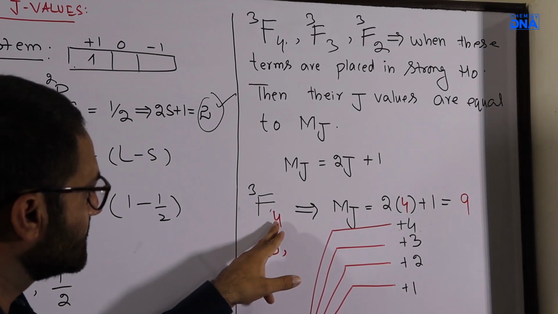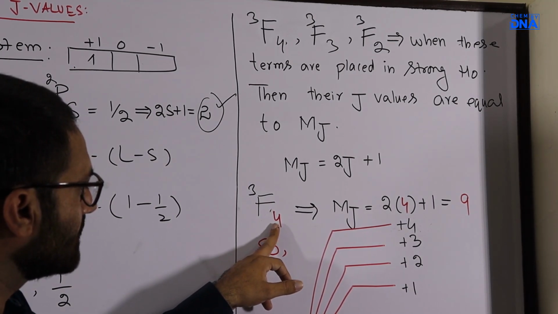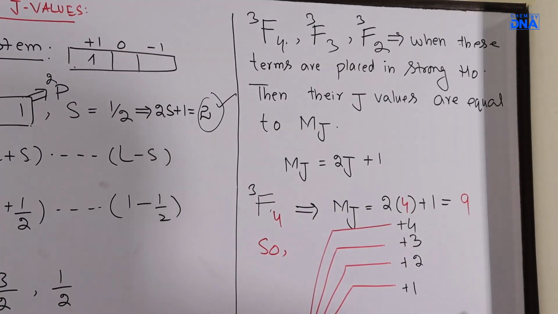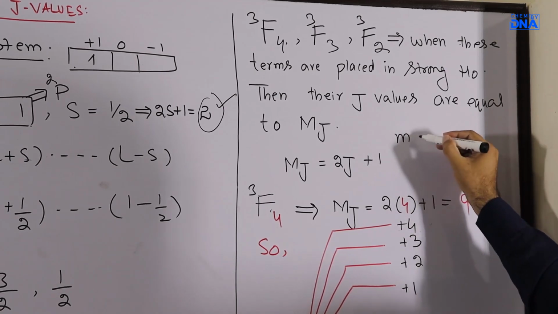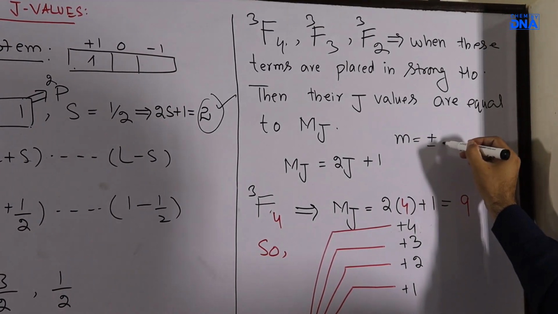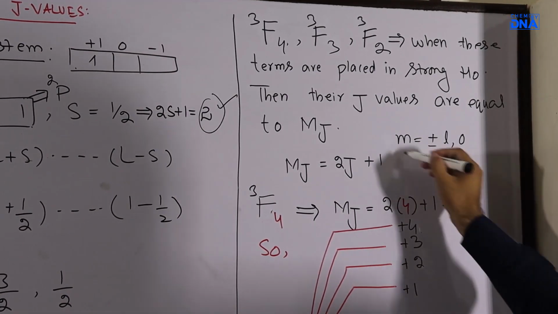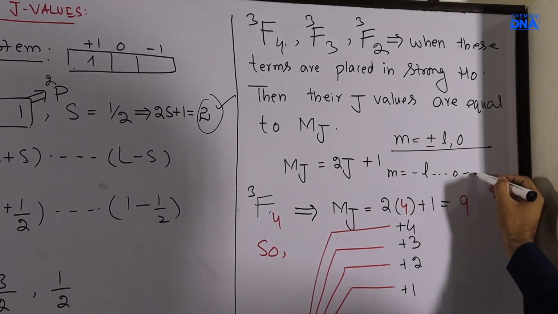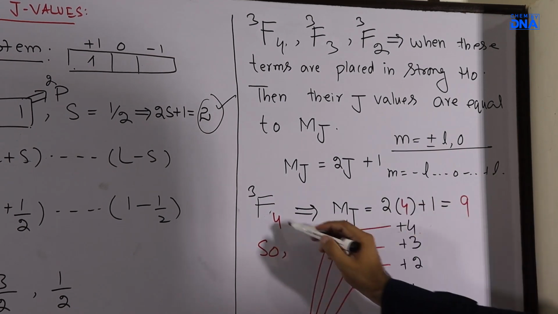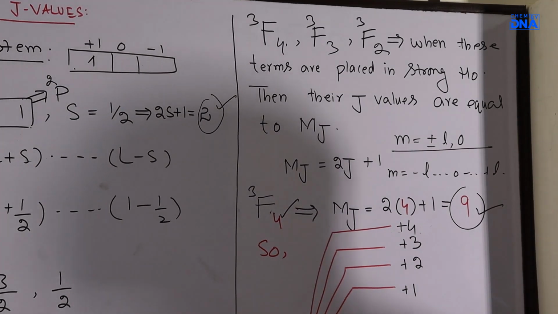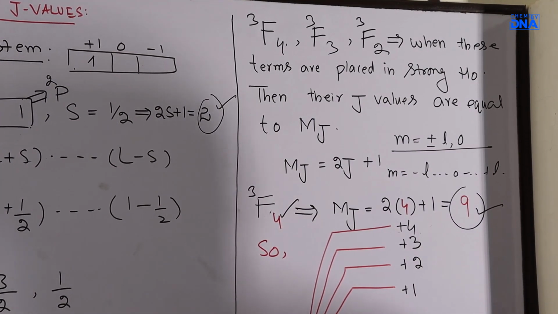And simply if you place this 4 into the magnetic quantum number value, which was your basic third magnetic quantum number, which gives the formula M is equal to plus minus L, 0, or you can also write M is equal to minus L up to 0 up to plus L, and from this J value you will get total 9 further separated energy levels.